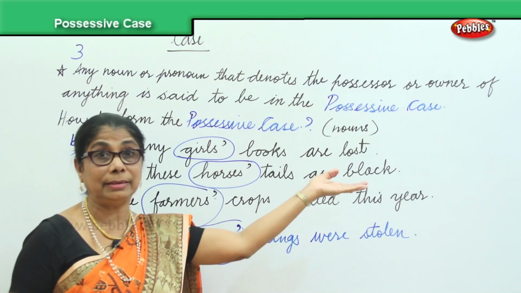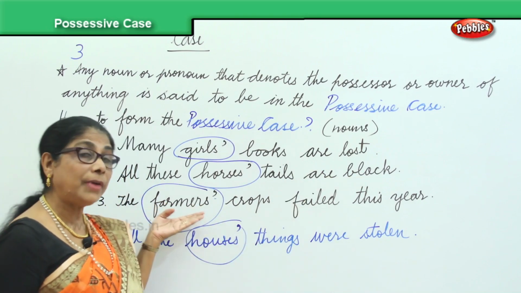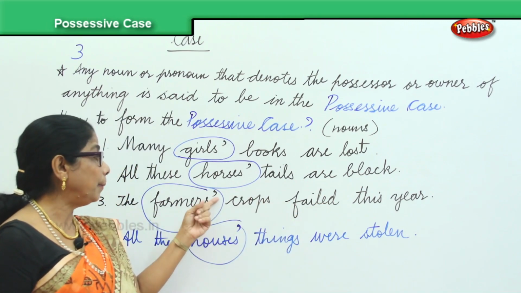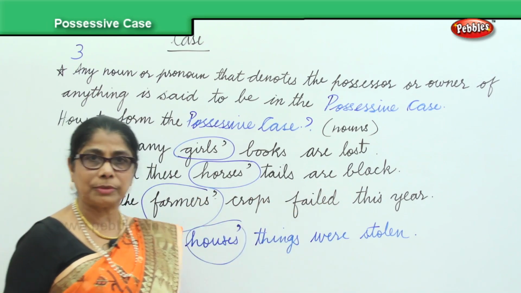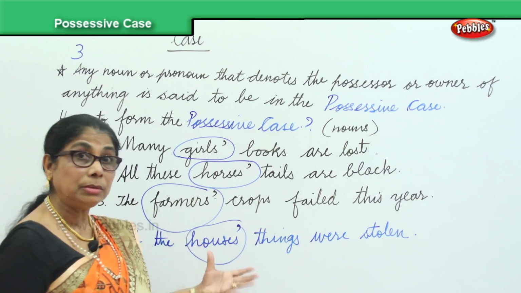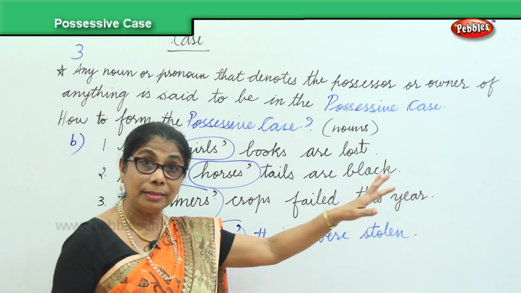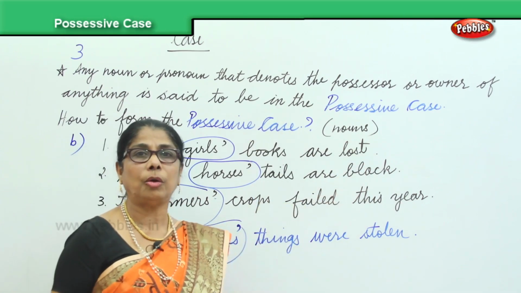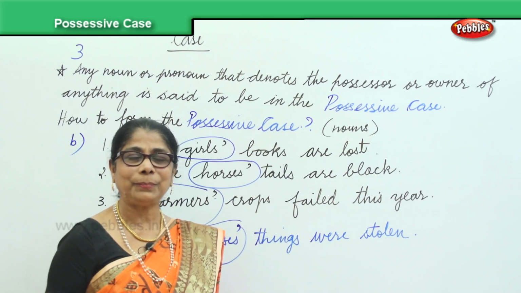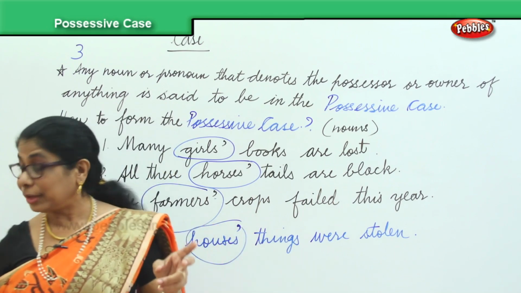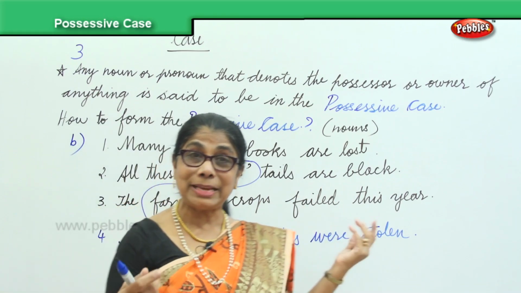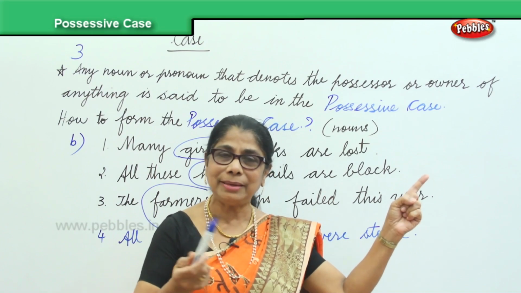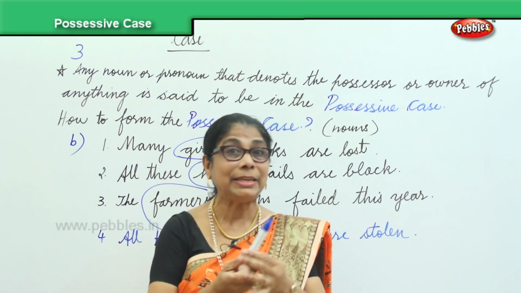All the horses' tails are black. When you talk about all the farmers, more than one, the apostrophe comes outside. All their crops failed. When you talk about all the houses in the street, the apostrophe comes outside, and all the things were robbed. So in the second form, first we said to form the possessive case, singular, this is Peter's. Peter, apostrophe and S. Peter's pen.